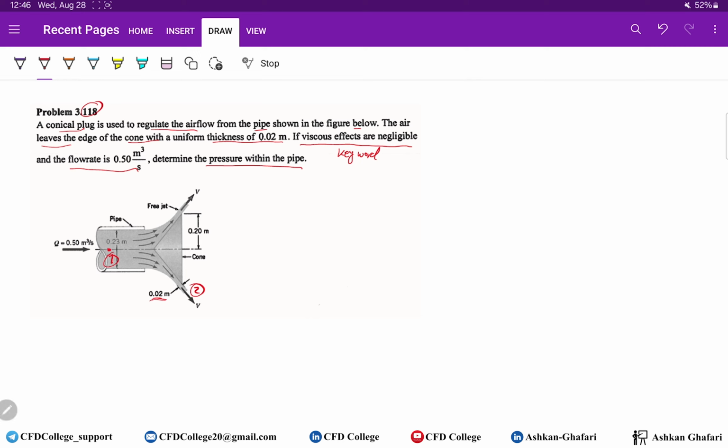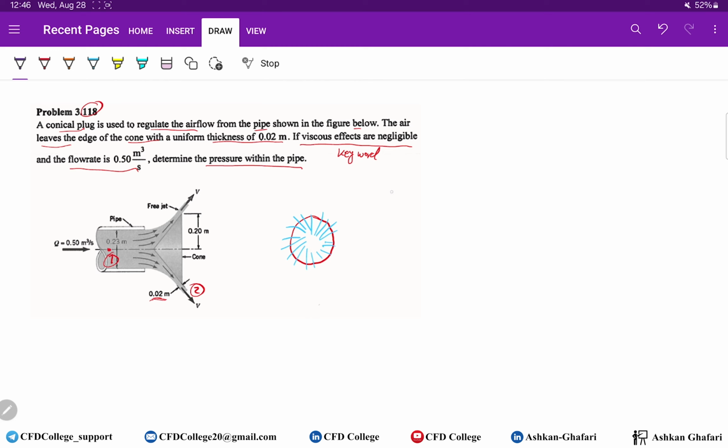If you look at the system from, for example, left or right, you will see this is the cone and we have airflow. So this is an exit. We don't have two exits. Here we have a 3D cone and a 3D system. So it's easy now.